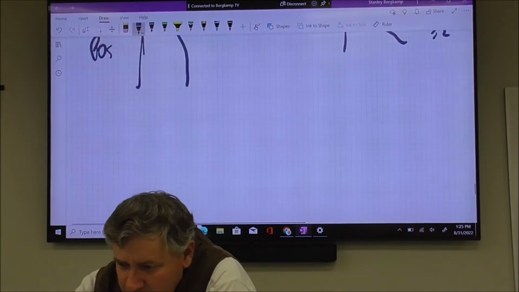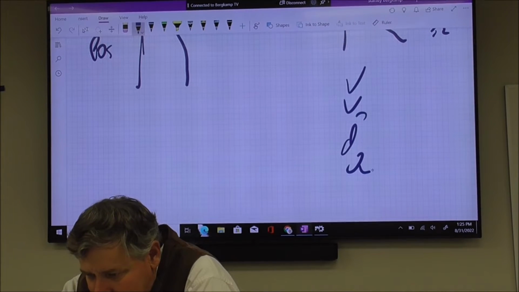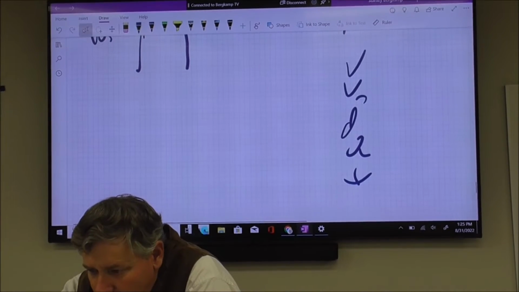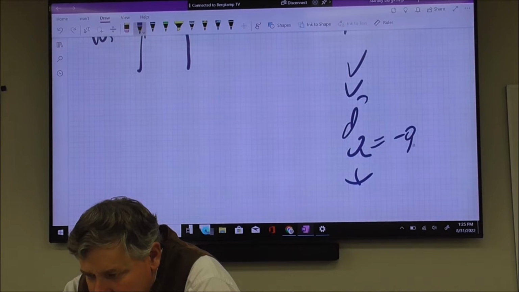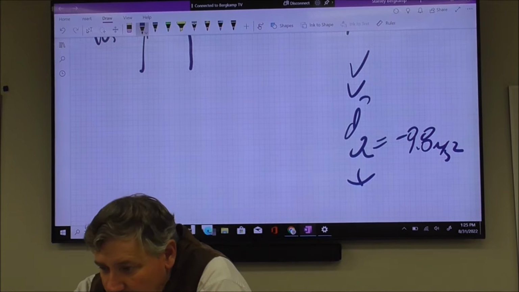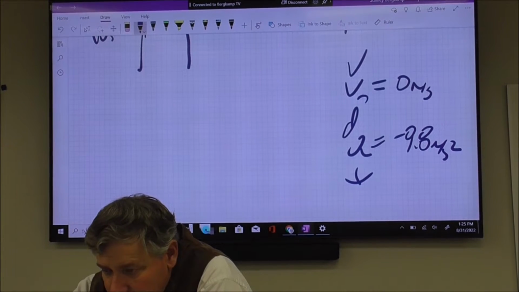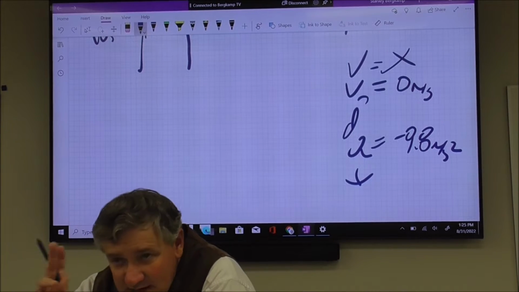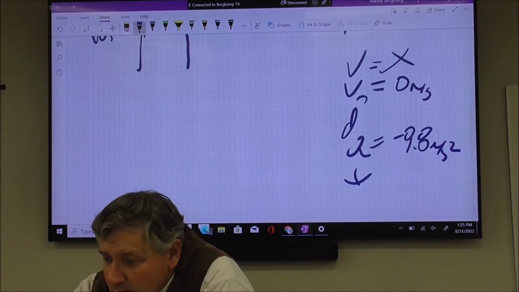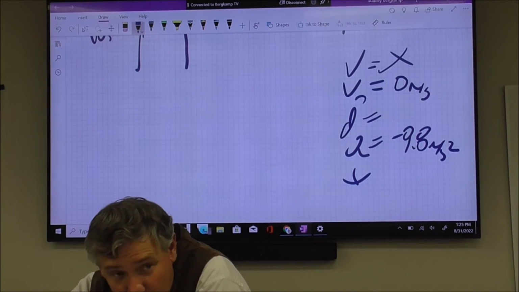So if you look at what we know, if you look at V, V naught, a, x, t, we know our acceleration is -9.8 meters per second squared. My initial velocity is 0. My final velocity, that's not a player at this point. Now, I'm going to write something that's wrong.